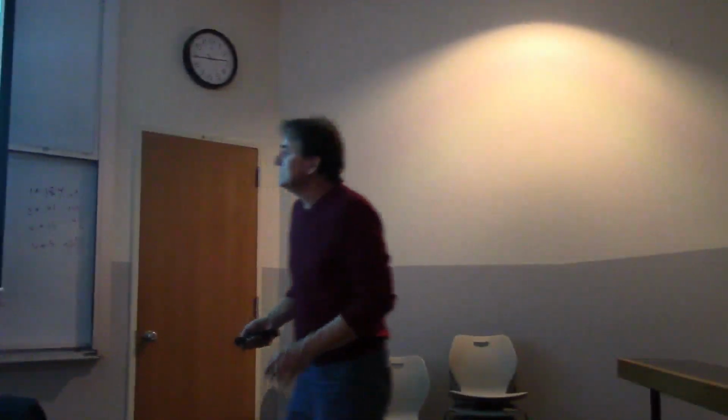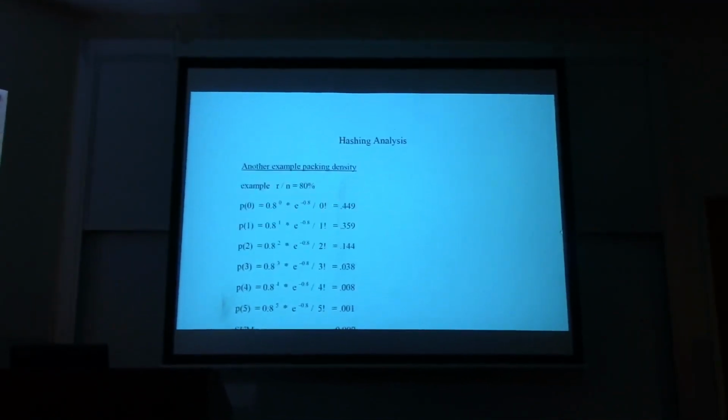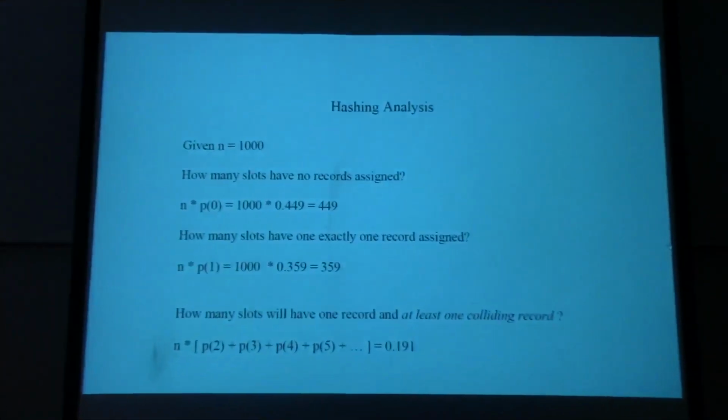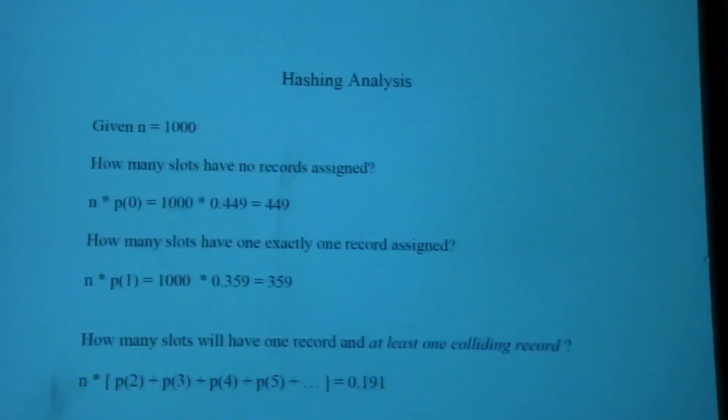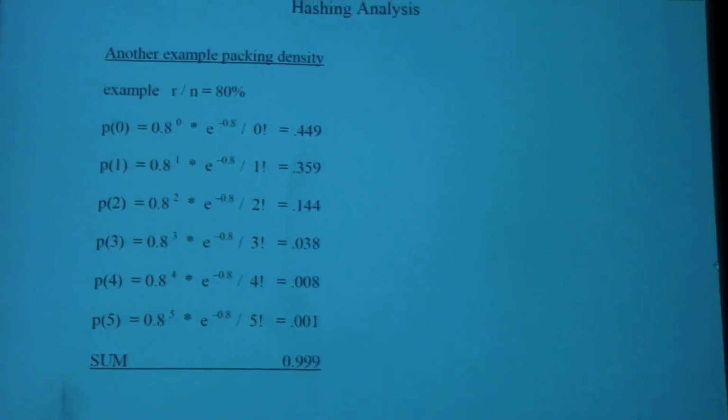The last thing I'm going to leave you with is this, and I'm not going to do the computations. Let's reduce the packing density to 80%. Basically, R over N is 0.8.